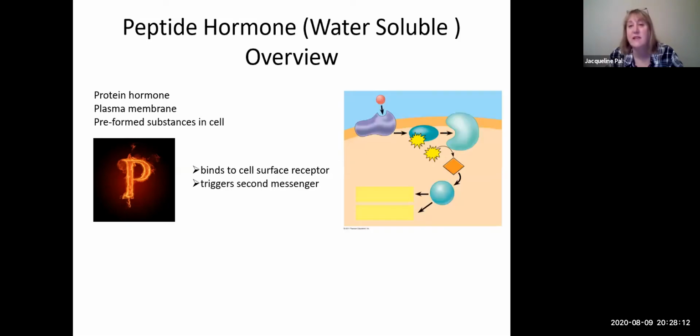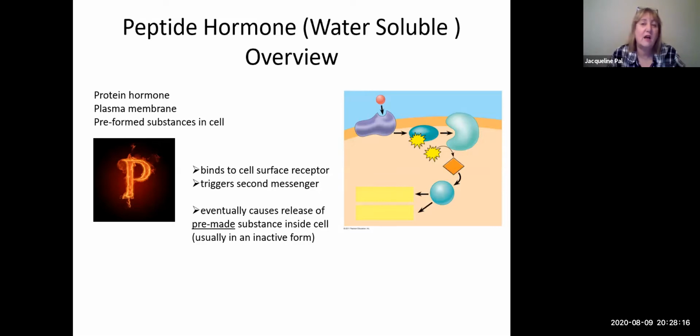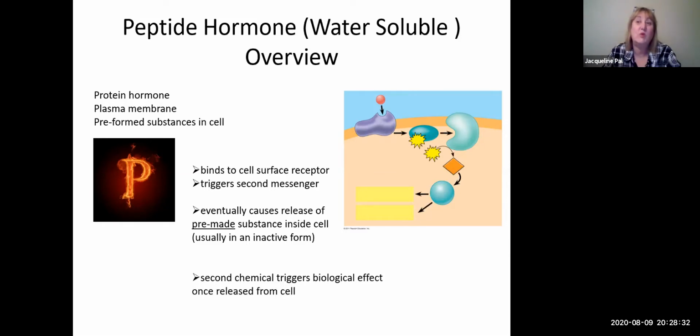And this triggers a second messenger system within that cell, which eventually is going to cause the release of something that was pre-made inside that cell, but usually kind of floating around in an inactive form. So this second messenger system is going to activate it. And it is this second chemical that triggers whatever the biological effect is, and not the peptide hormone itself.